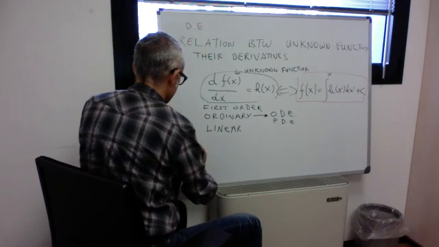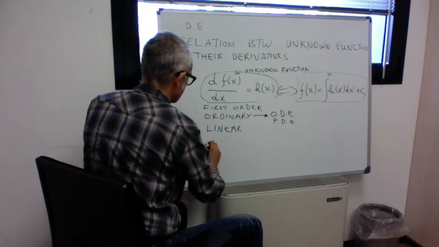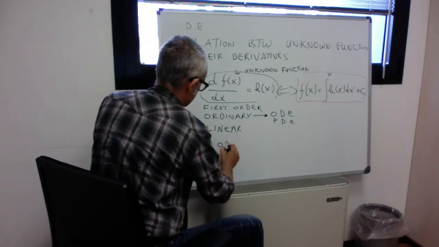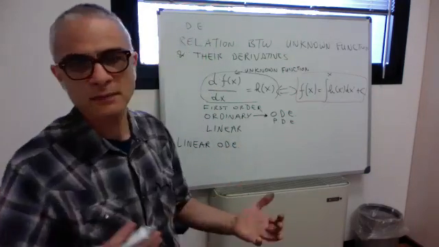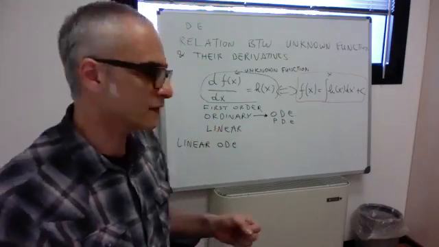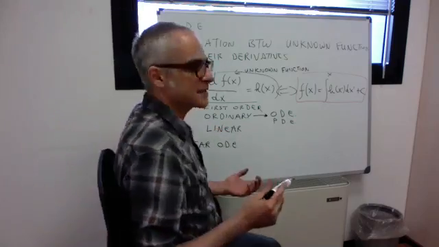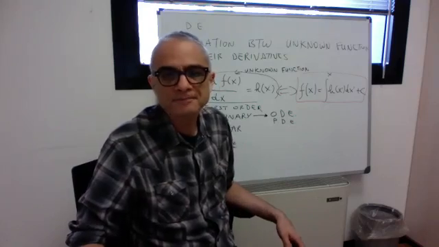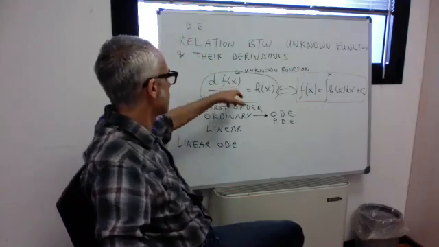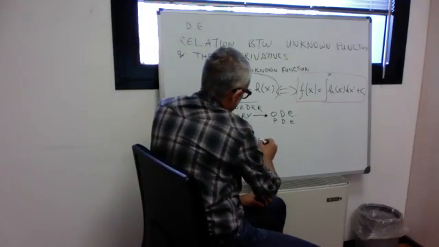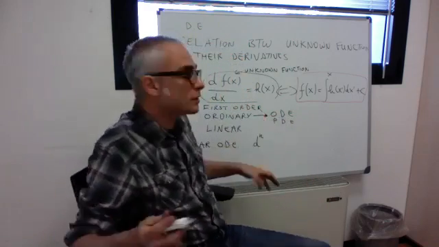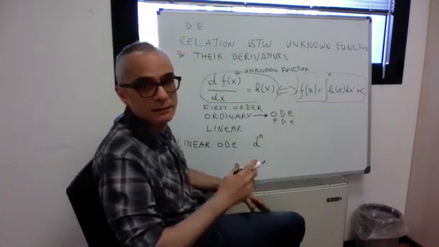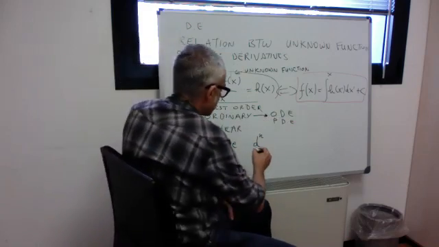linear ODE can be written in one fairly compact formula. Basically, it's a sum of derivatives of f up to an arbitrary order that I denote n, like the typical integer number.